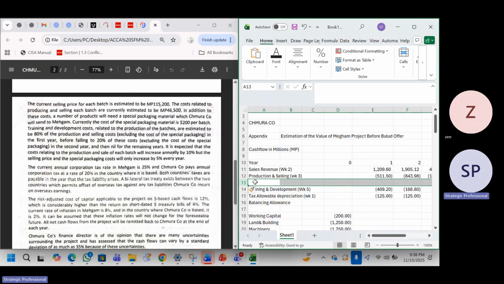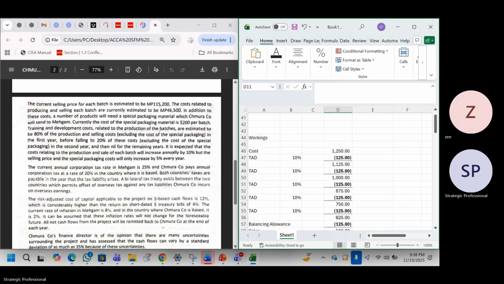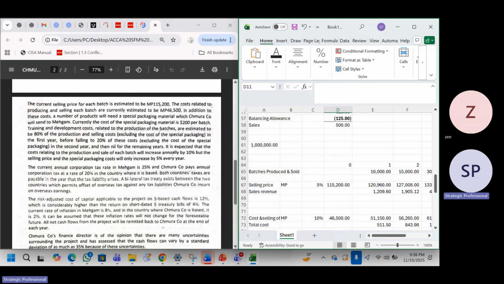There's still one more that we've not solved, which is the special packaging cost. So let's create a column for that one so that we'll not forget, working 4. Now, have they given us information?